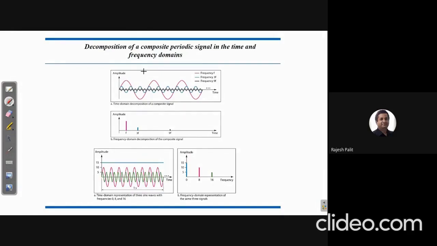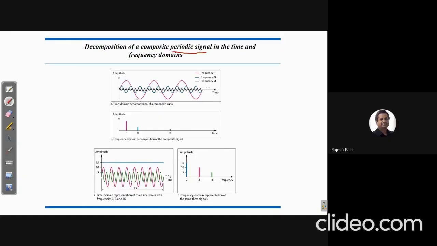If we have a composite signal, meaning a mixture or combination of multiple signals, and if the composite signal is periodic, periodic means the shape is repeated over time.